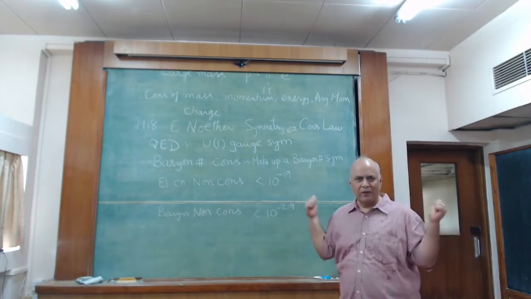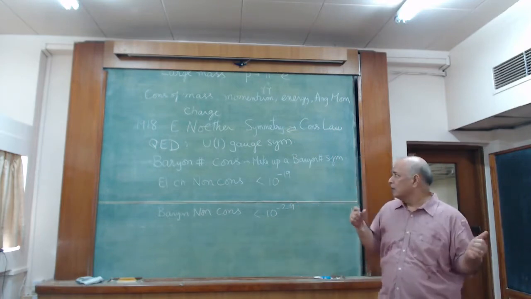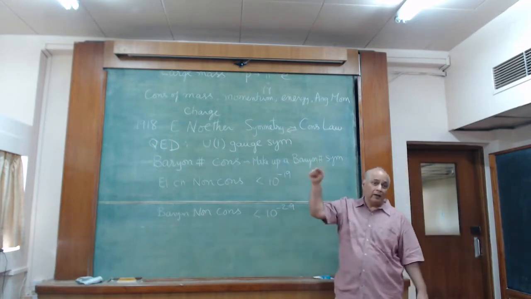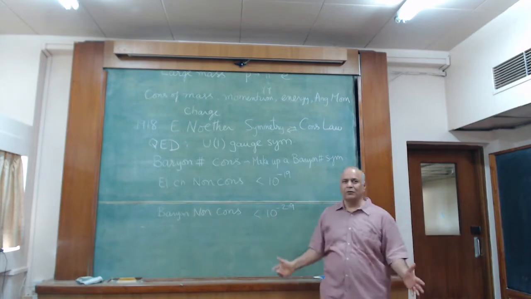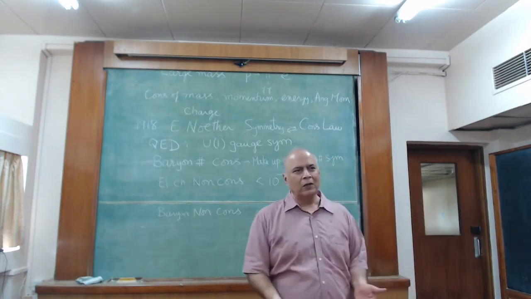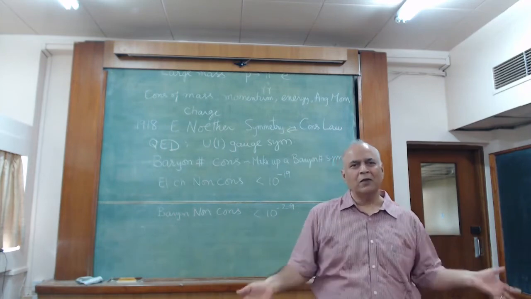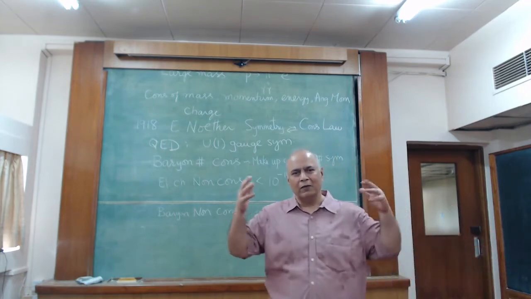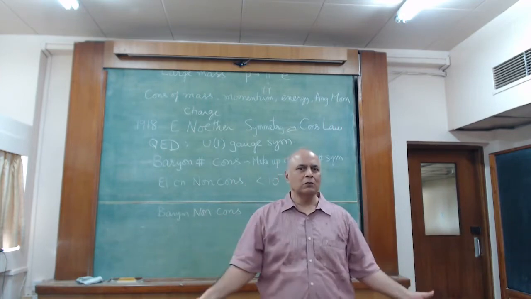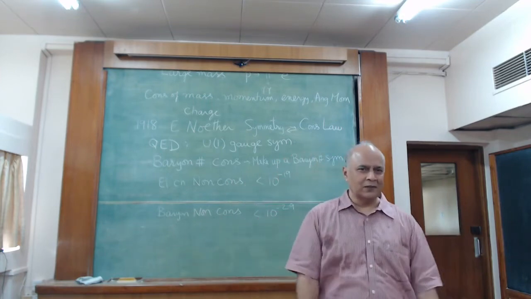Because of the power of symmetry. This U1 gauge invariance is guaranteeing the structure of QED, and if you give up on U1 gauge invariance, you are giving up on QED, and if you are giving up on QED, to some extent you are giving up on whole of modern particle physics.